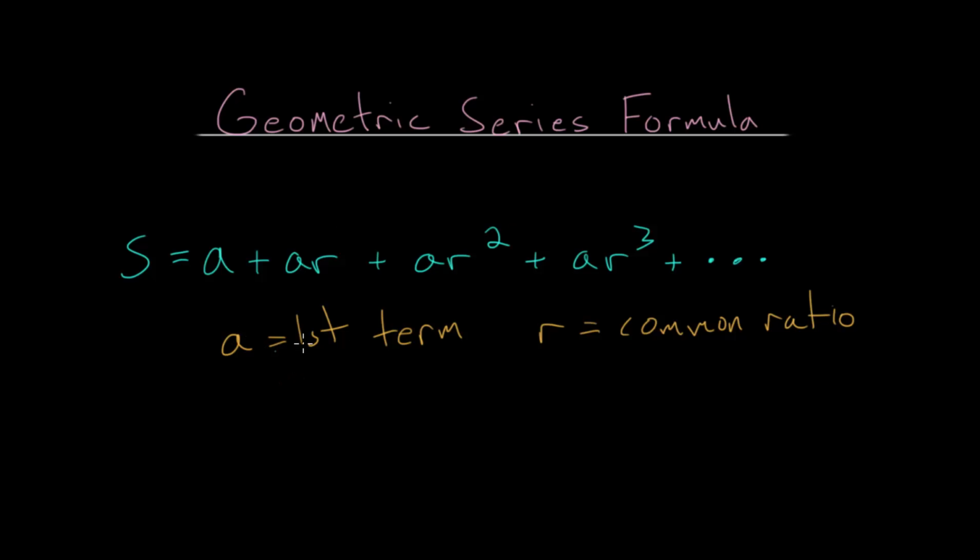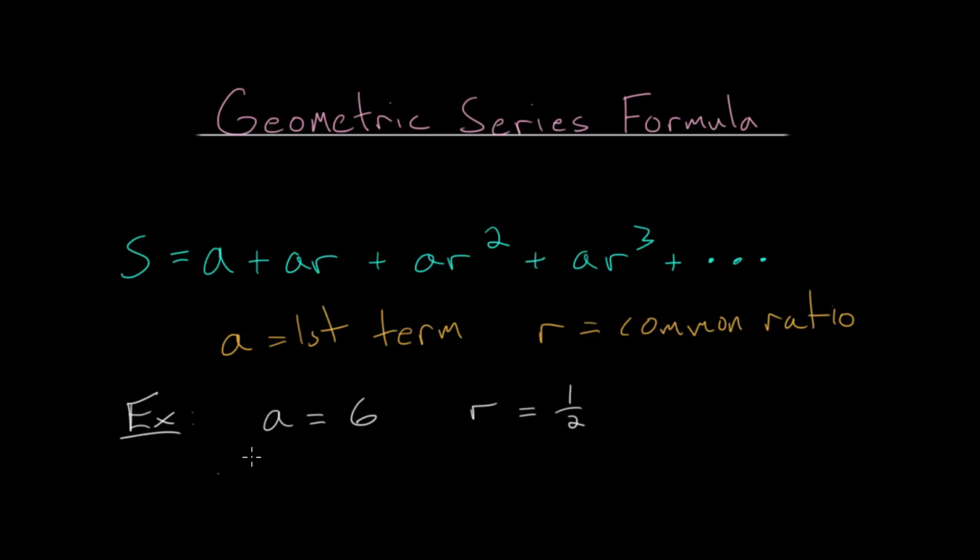And just so that you feel familiar with this general geometric series we have, let's actually plug in some specific numbers. So let's say, for example, that A is 6 and our common ratio is 1/2. And at the end, we can test to make sure our formula works with these specific numbers.